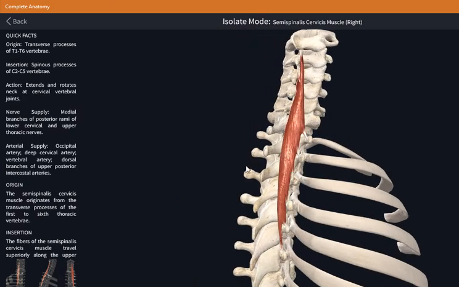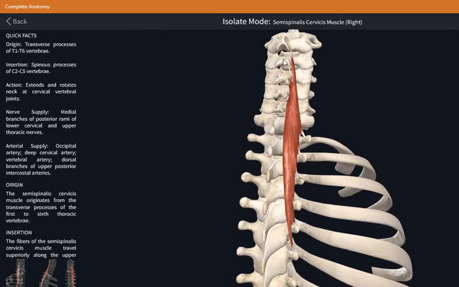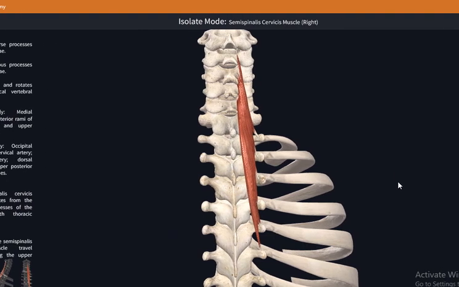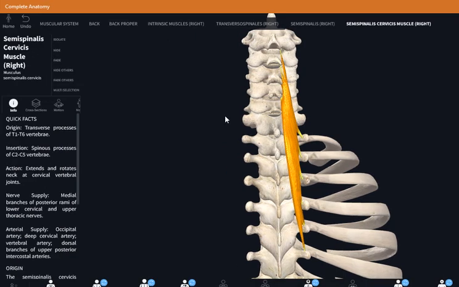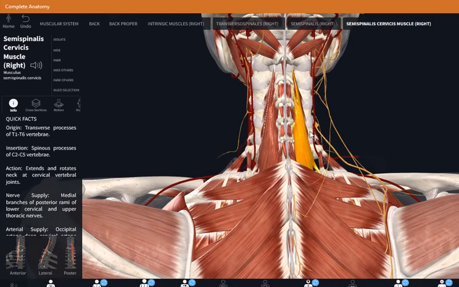The origin is at the transverse processes of T1 to T6 vertebrae, and the insertion is on the spinous processes of C2 to C5 vertebrae. The nervous supply is going to pass through all the bands of the fiber.